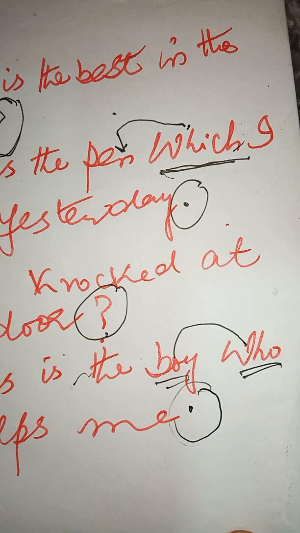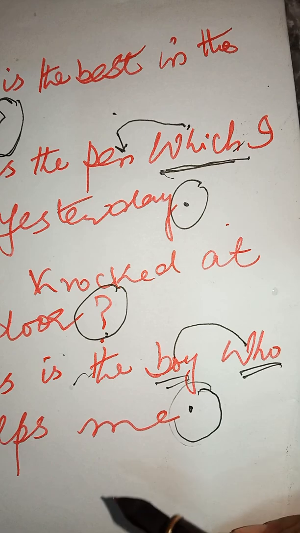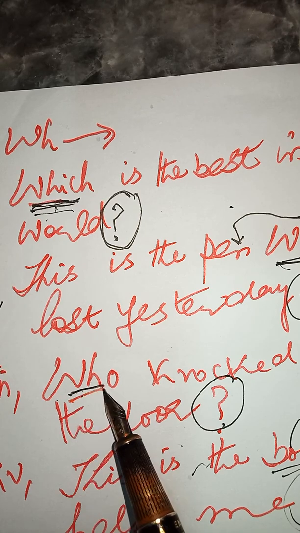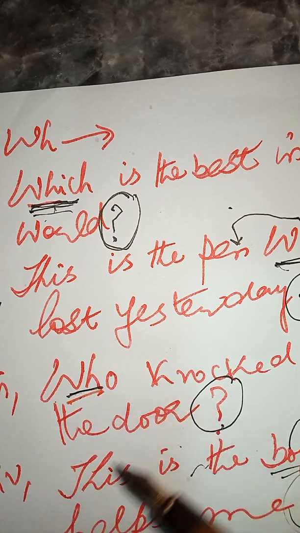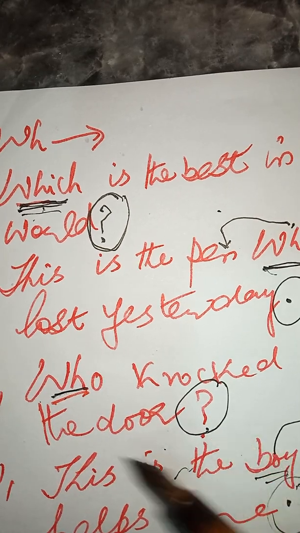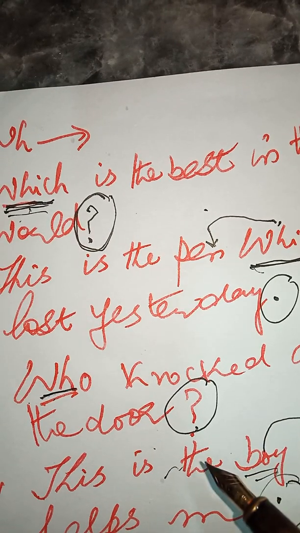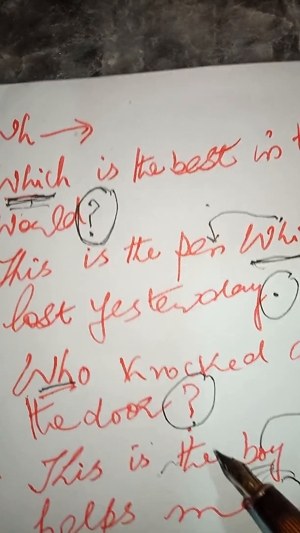Clear? Now the difference between the two is very much clear. An interrogative pronoun is a word that begins with WH, the WH family, and it is used to ask a question, and at the end there is a question mark.